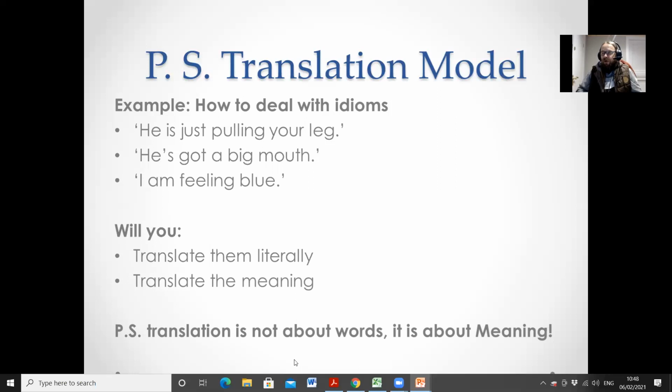So that's really the main point of this model, to help you understand this if you haven't done translation before. For people who have never done translation, it's quite easy to get sometimes too hung up on words. Oh, the text uses these words, so I'm really not sure how to deal with it.